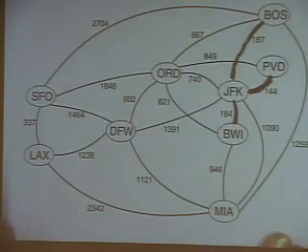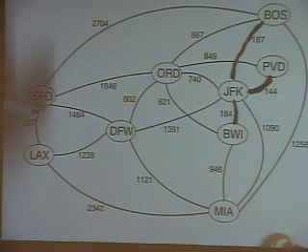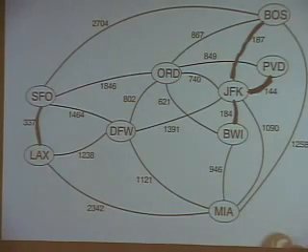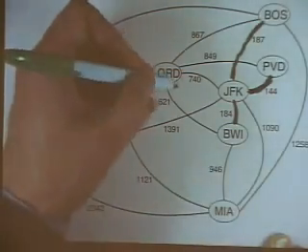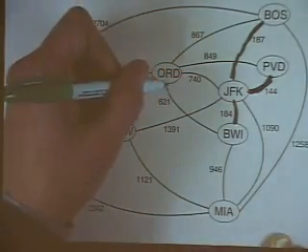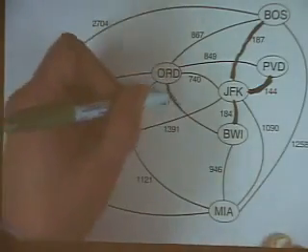What's next? 337. So SFO and LA are not connected yet, so we connect them. After that, I believe 621 comes next. So ORD and BWI are not connected yet.